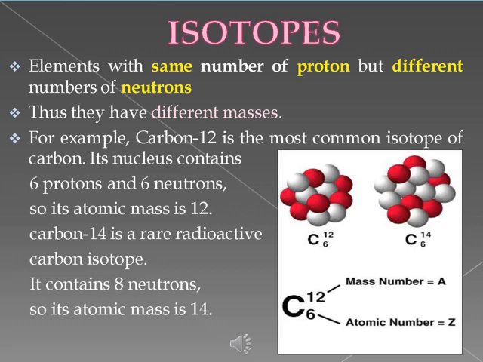And how about C14? C14 is a rare radioactive carbon isotope which has mass number 14 and proton number 6. So you can calculate the neutron number here, which is 14 minus 6. You will get 8 neutrons for carbon-14. These 2 examples show you that isotopes have the same number of protons but different numbers of neutrons.